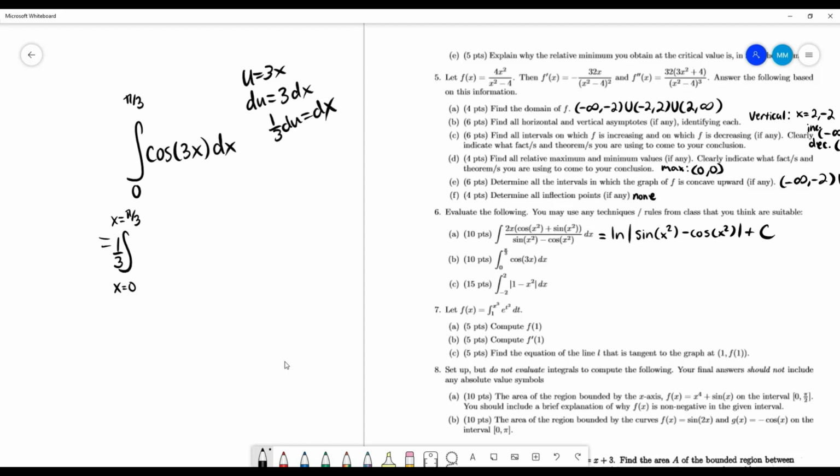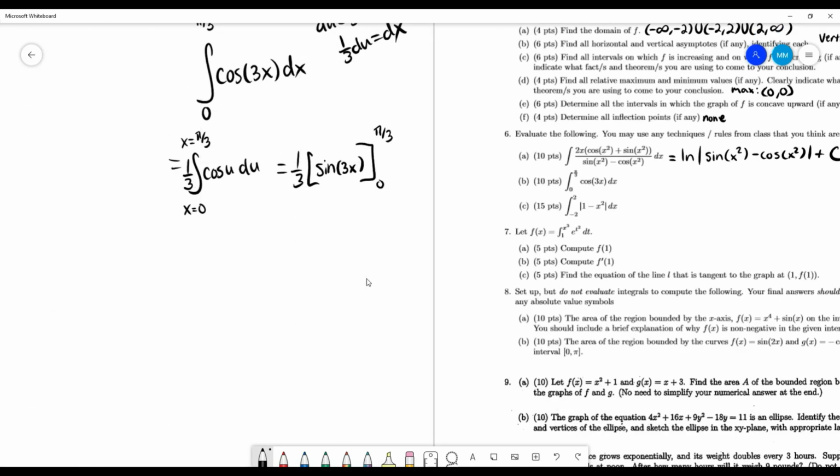I can put that 1/3 in front. So now it's just cosine of u du. I know that the integral of cosine is going to be sine, so it's going to be 1/3 times sine of u. I'm actually just going to plug back in that u value, so it's sine of 3x on this interval.